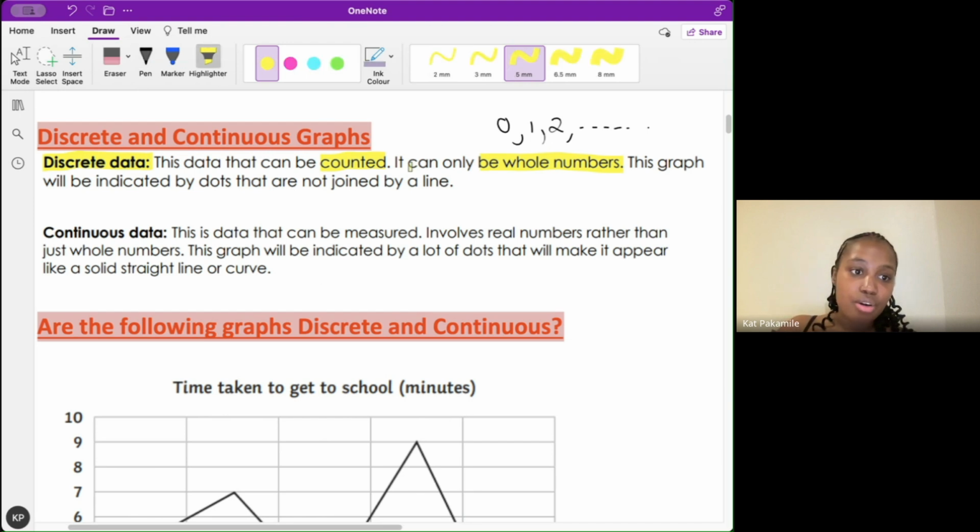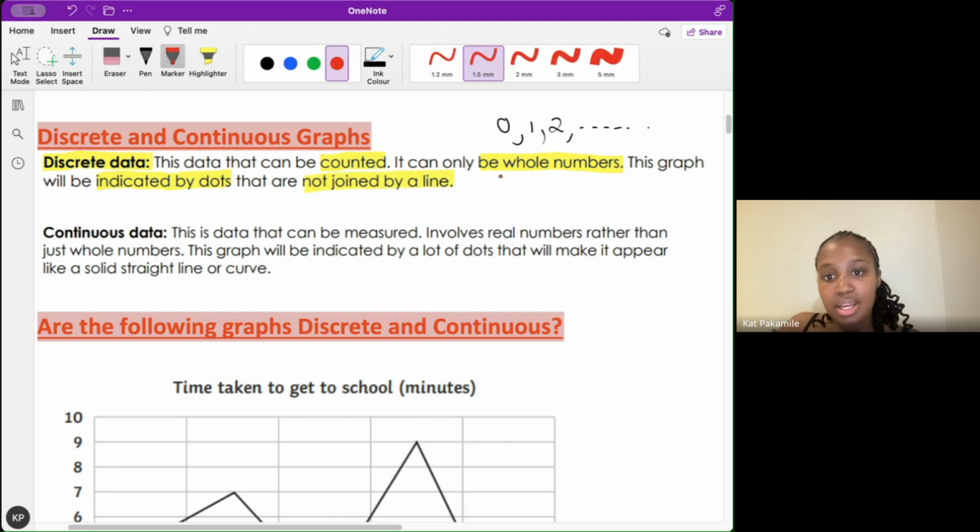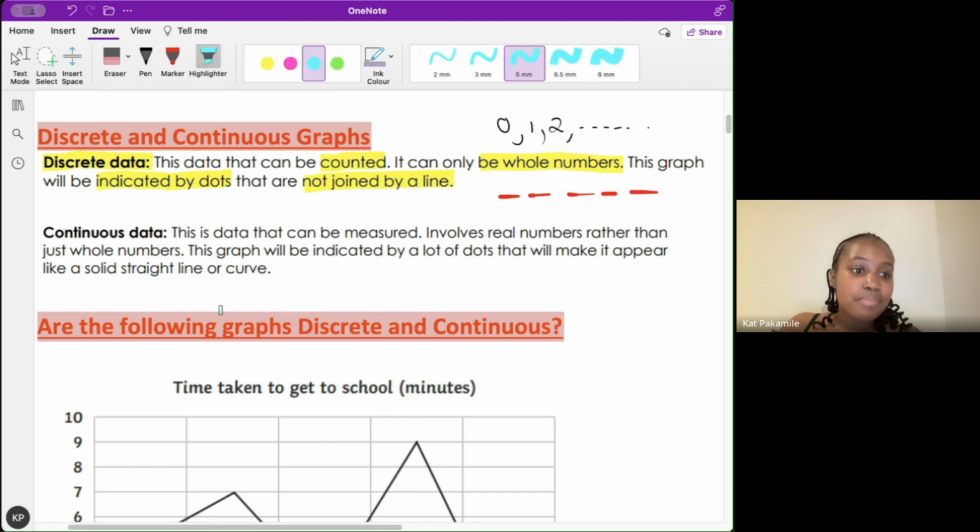This type of graph will be indicated by dotted lines that are not joined by a line. So when you see a graph that is not joined by lines, that would be a discrete data graph. Okay. And then the other type that we have is called continuous data, and this is data that can be measured.